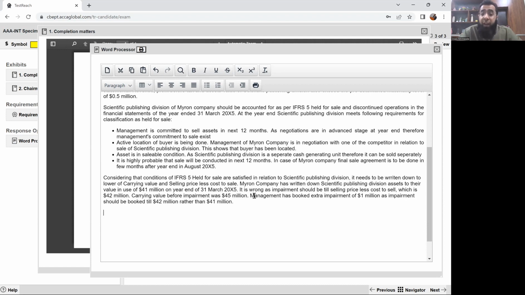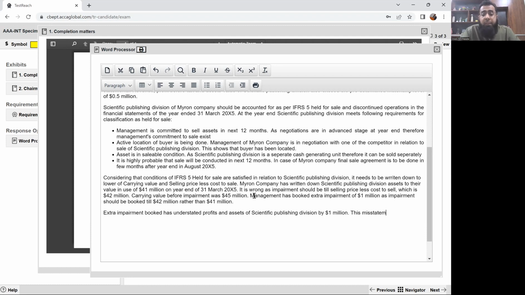Okay, so we have identified the mistake. Extra impairment booked has understated profits and assets of scientific publishing division by $1 million. Okay, so you have to explain the impact also.